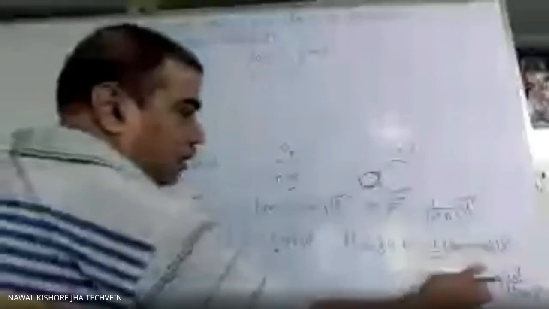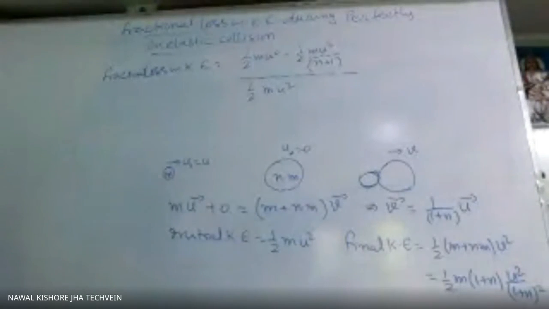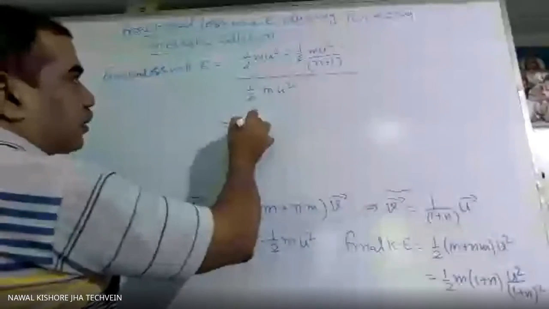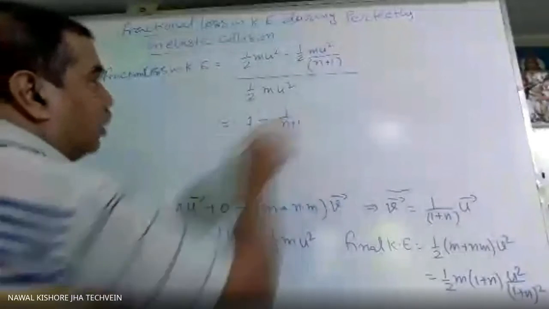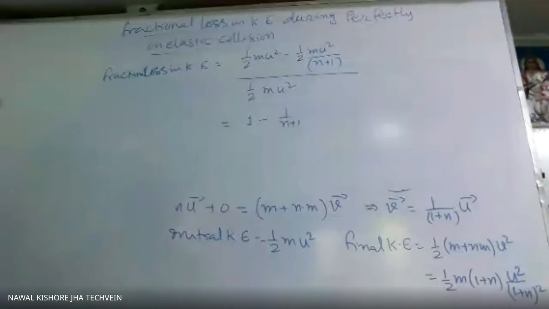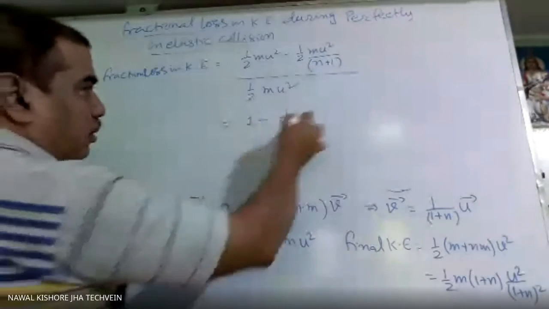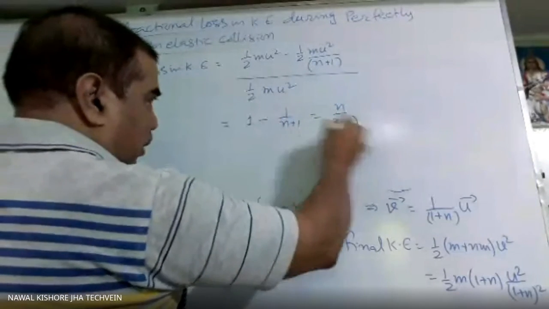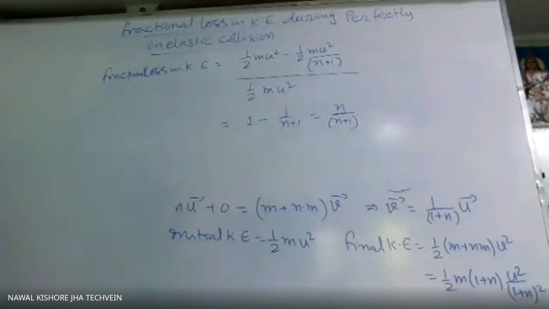Loss is half m u square minus the final energy. Take half m u square common, and it cancels. So what is left? 1 minus 1 by (n plus 1), which is n by (n plus 1). So this is the fractional loss in kinetic energy.